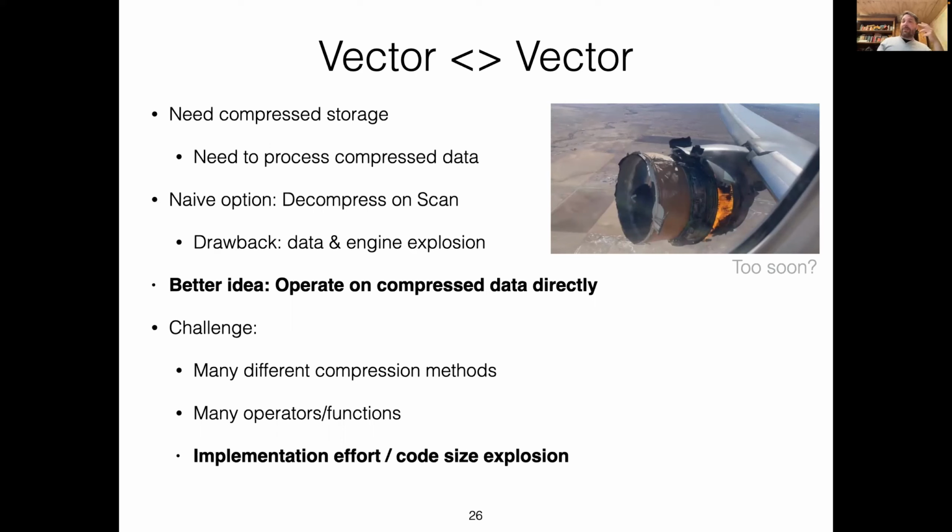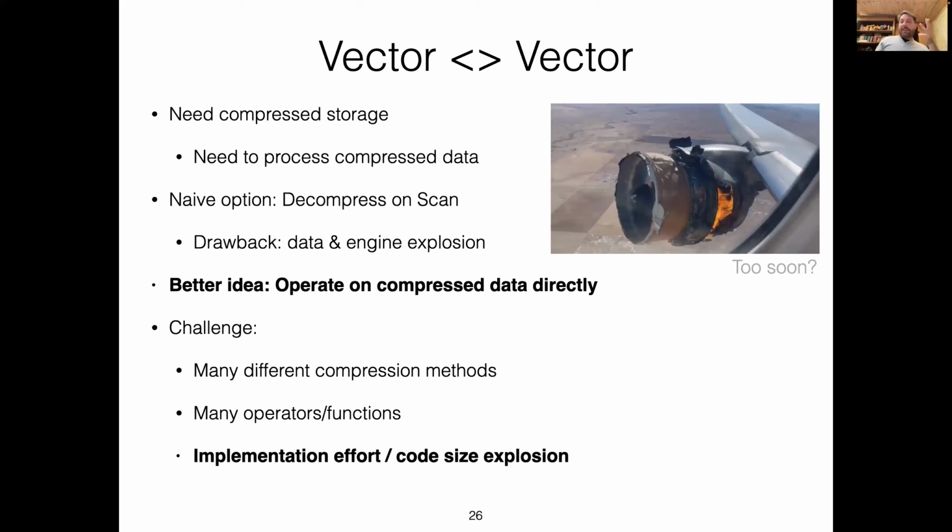You don't want to have to expand it just to run a query; you want to run the query directly on the RLE. Naively, you would decompress and scan, but the problem is that it blows up your data set, and therefore it makes data that would normally fit in memory no longer fit in memory, and it gets you in all sorts of hurt.